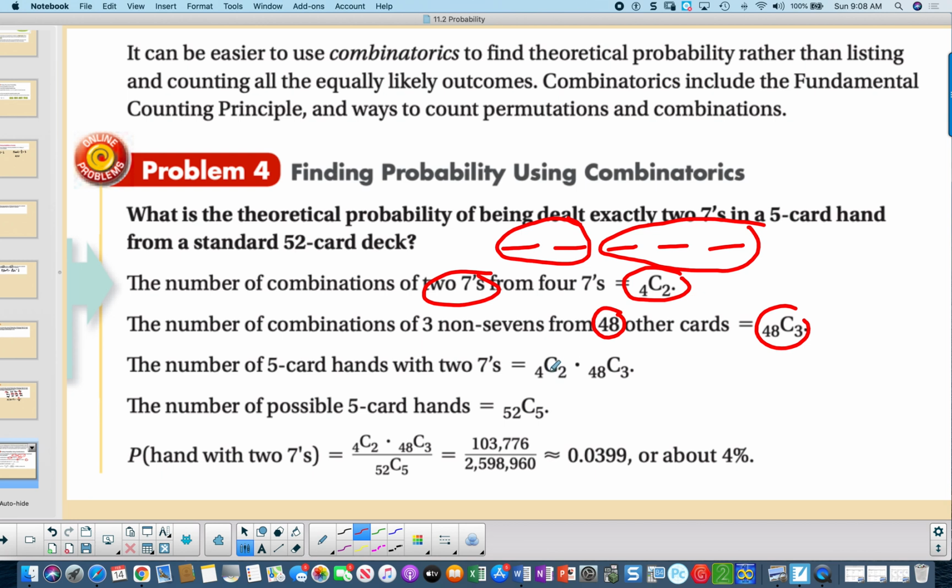So when you multiply these two ways, ways here times ways here, that'll be the total ways you can get a 5-card hand. Now, for a probability, this is the favorable, this is the likely, and then this is the total. So you're going to put the likely up in the numerator and the total in the denominator, and this is your result.